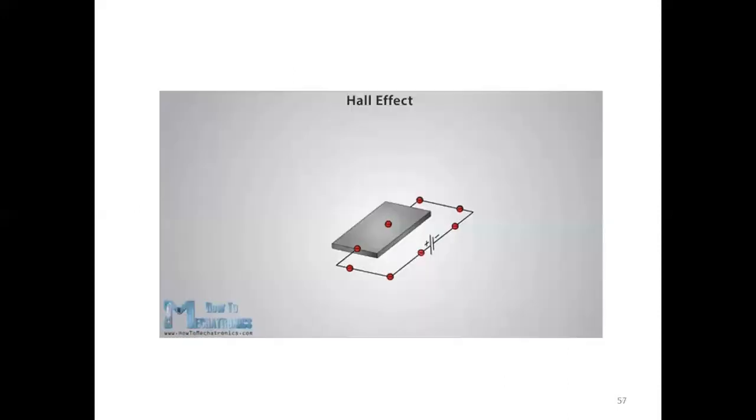So this is the animation for the Hall effect. When electrons flow into the material and a magnetic field is produced nearby, the electron flow will vary. That means there is a potential difference in the circuit, so we can calculate the value.